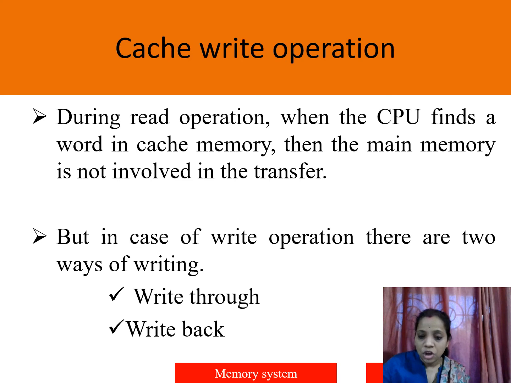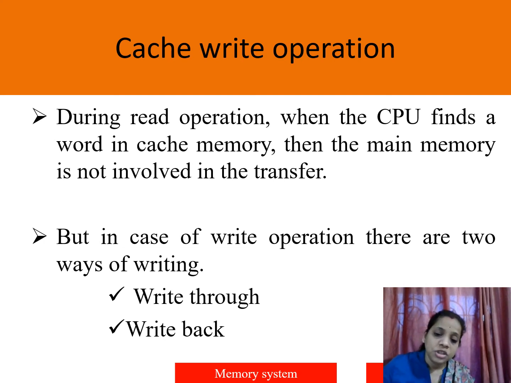That means the updation should be done in parallel. But as we know, main memory is busy in other activities, so sometimes it may not be possible to update the cache memory and the main memory at the same time.